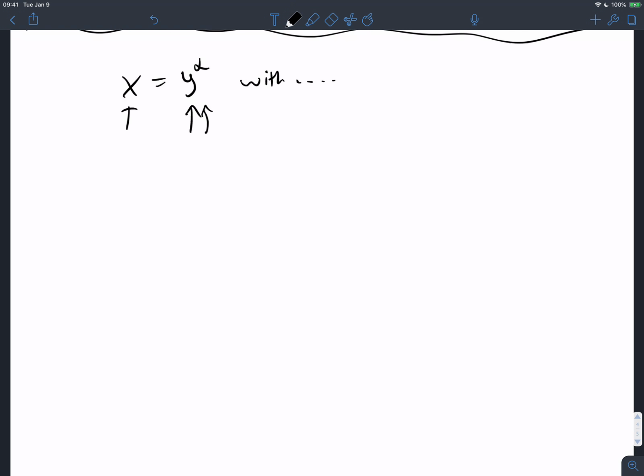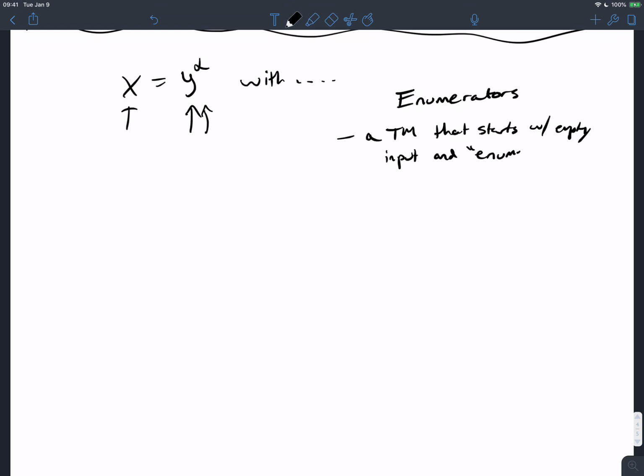So an enumerator is a Turing machine that starts with empty input and enumerates, in some sense, strings of a language.